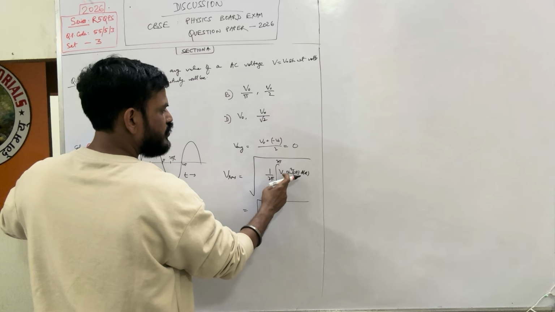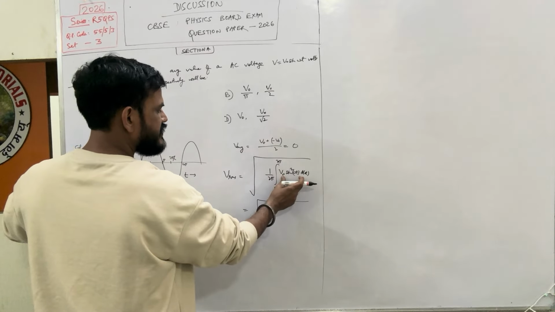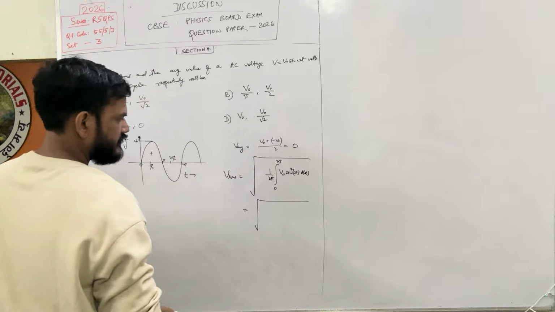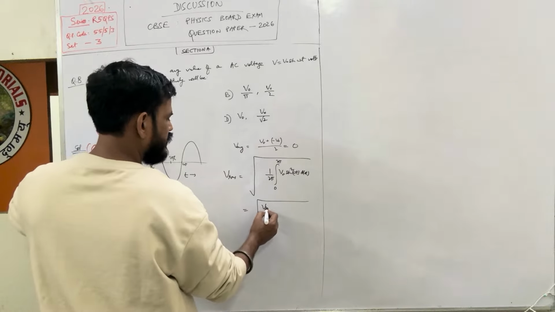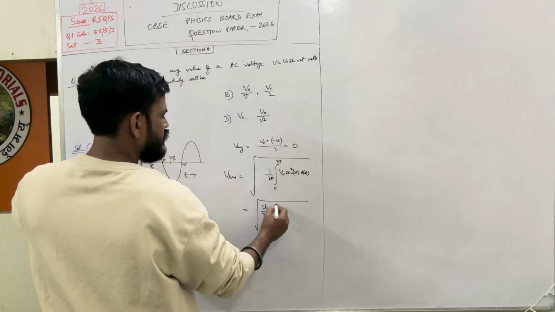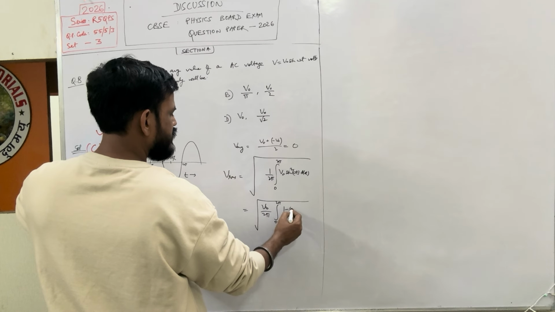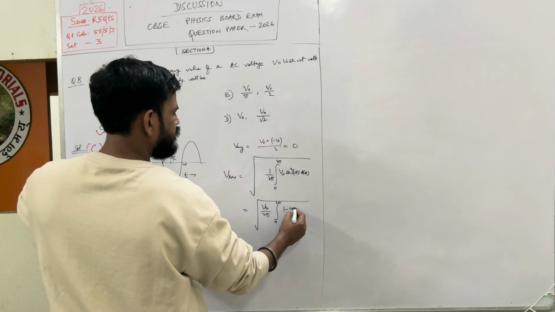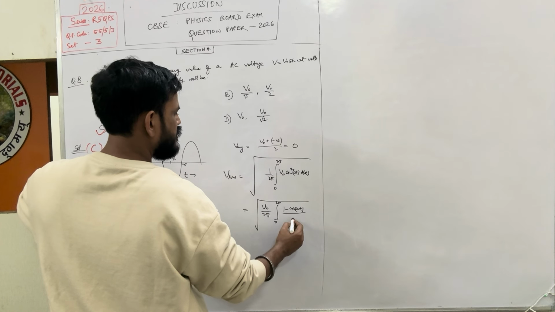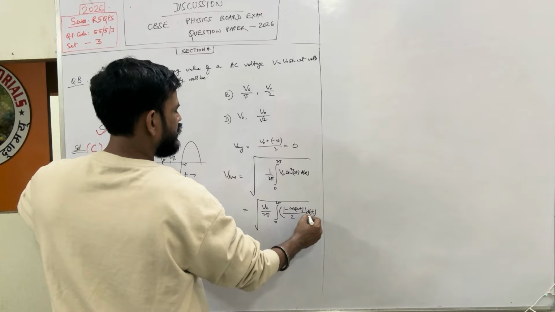So root mean square: I'm taking the square root of its mean of the square. So V naught by 2 pi, integral from 0 to 2 pi, and sine squared is 1 minus cos 2 omega t divided by 2, d omega t.